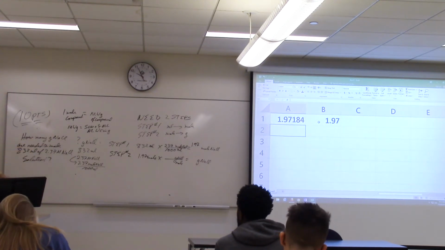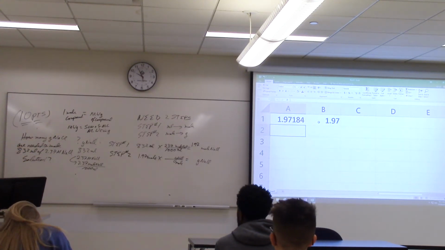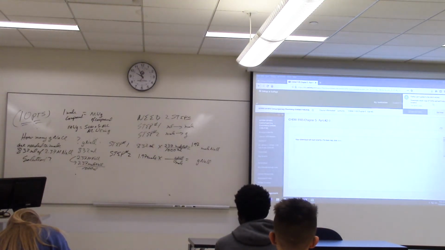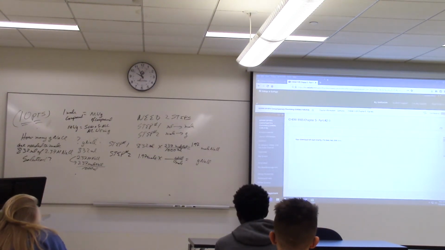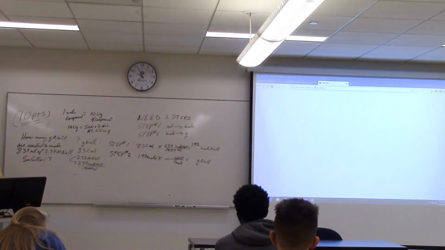The molecular weight is the sum of all atomic weights. So now, in your case, you'll turn to the last page, but in my case, I'll go out to the internet.